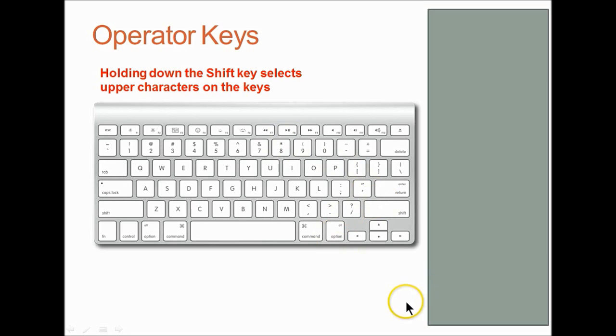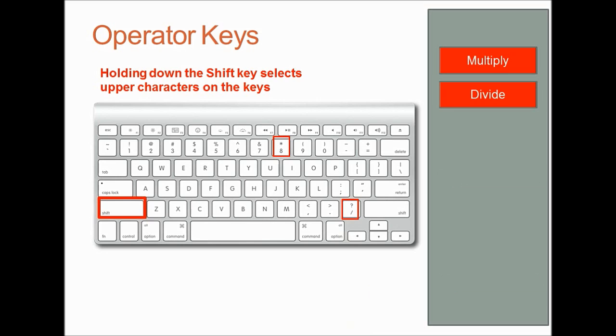If you wanted to multiply, you have to hold down shift and the 8 to get the multiplication symbol. If you wanted to divide, you just hit the / button. If you had to do a minus in your calculation, you just hit the minus button. Notice there's no shift required for divide and minus because the symbols we need are on the lower end of it.